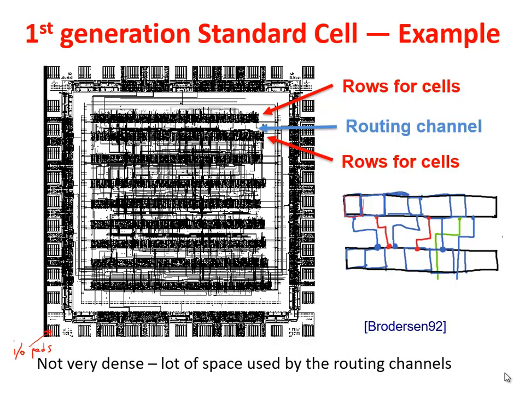You piece all the blocks one beside the other, side by side on a row, then on the other row, and then you decide what to connect to what. So each of those rectangles has the same height. Each of them is, for example, a different logic cell. And then the inputs or the outputs are connected to the sides of the cell, and the space in the middle is used to pass the interconnections.